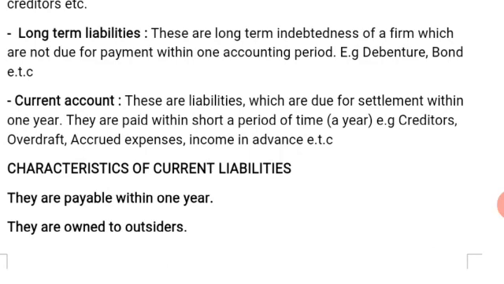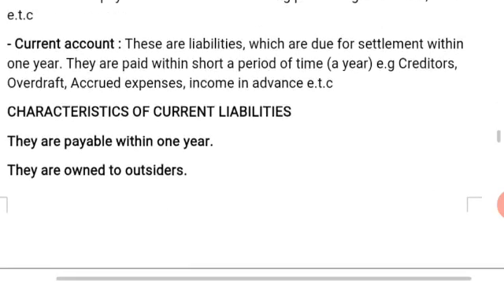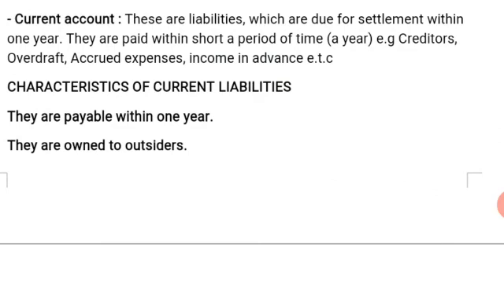Examples of current liabilities are creditors, overdrafts, accrued expenses, income in advance, etc. What are the characteristics of current liabilities? One, current liabilities are payable within one accounting period, that is within 1 year, and two, current liabilities are owed to outsiders.